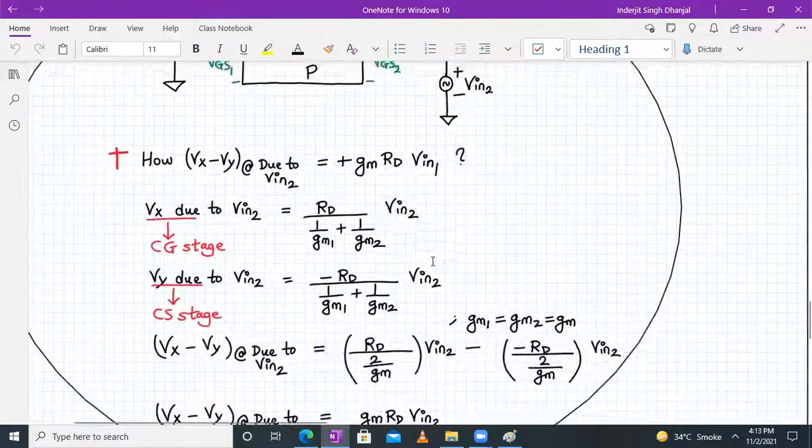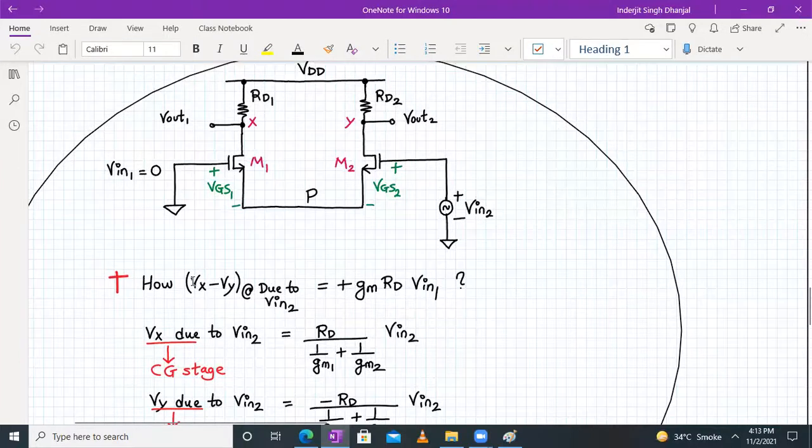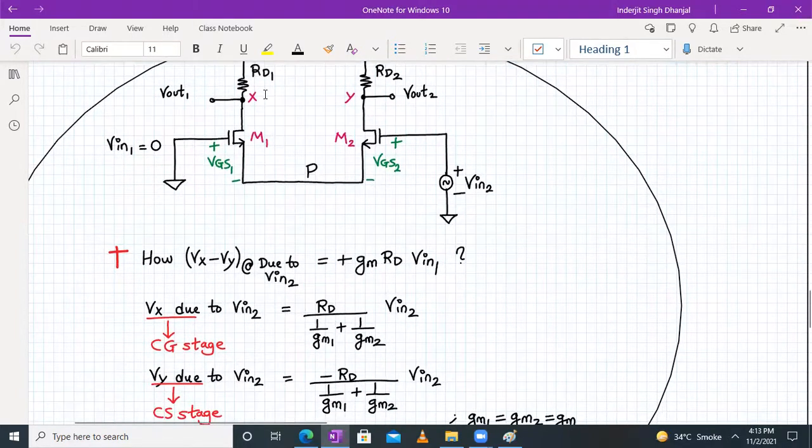Let us try to understand what happens in Vin2, how Vx minus Vy due to Vin2 is equal to plus gm RD into Vin2. How can we write the Vx voltage? Vx due to Vin2 can be written as RD divided by 1 upon gm1 plus 1 upon gm2 into Vin2.